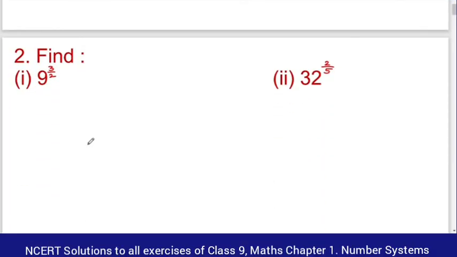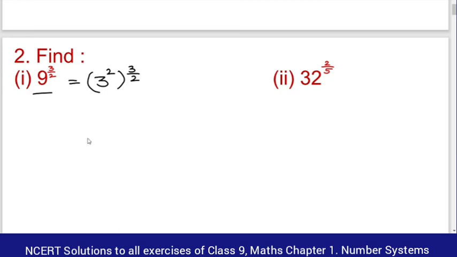Question number 2. Find first one 9 to the power 3 by 2, which is equal to, 9 can be written as 3 square whole to the power 3 by 2.